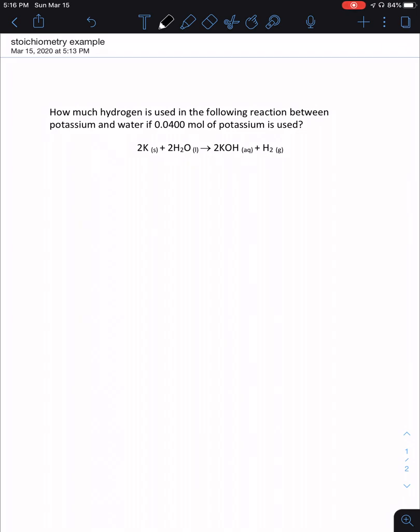So we want to know how much is used if we only use 0.04 moles of potassium. So the given here is 0.0400 moles of potassium.